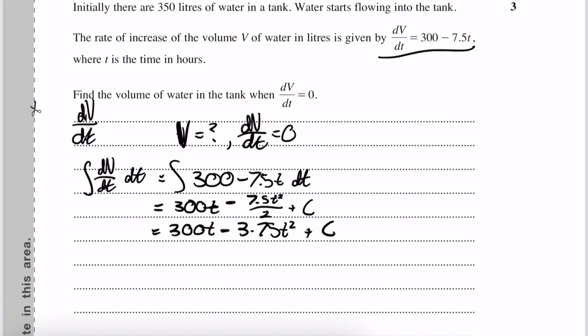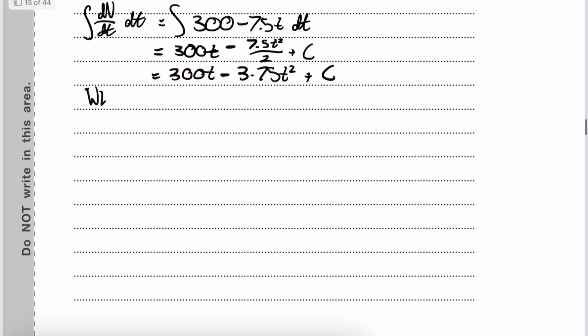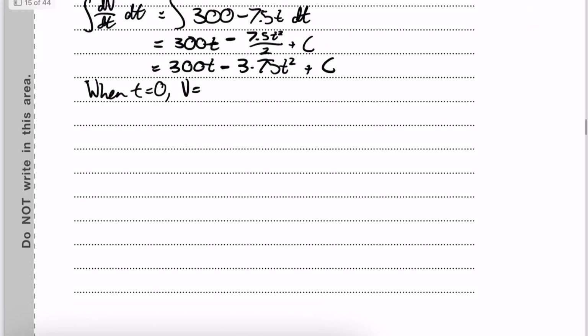Now, to find this c, this constant, we need to look back into the question and see, do they give us a point or a reference that satisfies the equation? And the very first sentence satisfies that. They say initially there are 350 liters, so that means volume was equal to 350, and initially means that was when t equals 0. So when t equals 0, V equals 350.